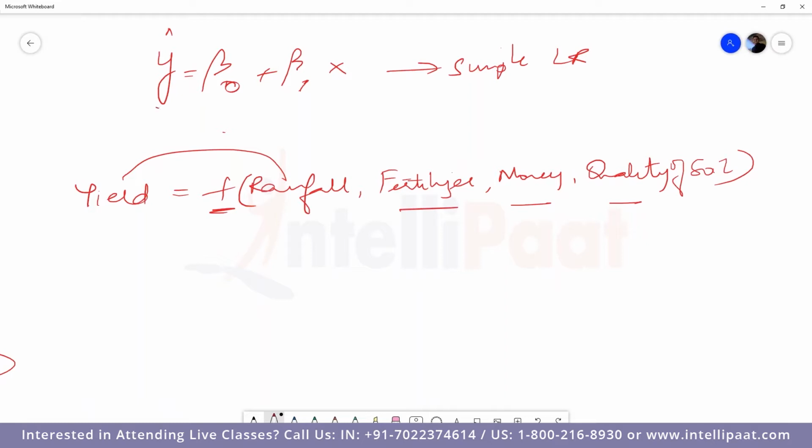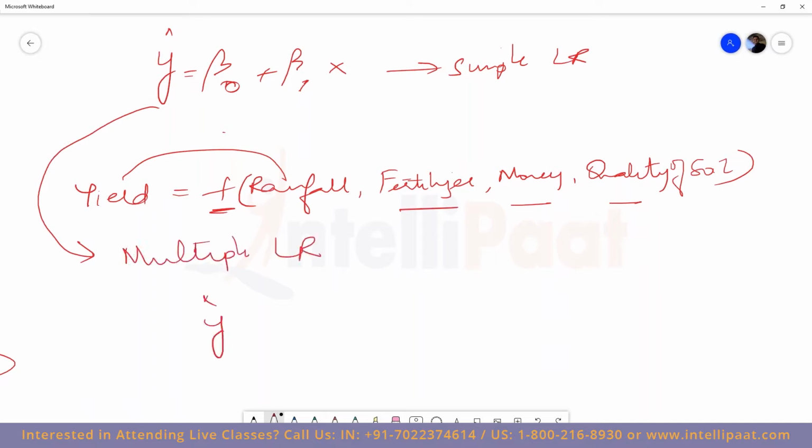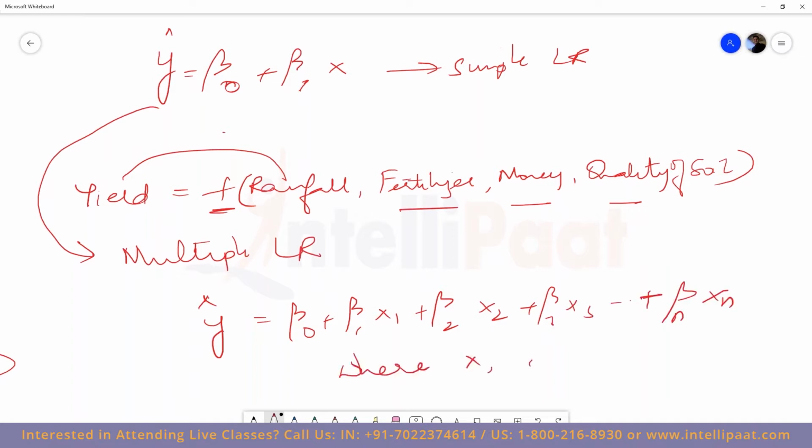So in that case, we move away from a simple linear regression. We do something called multiple linear regression. In multiple linear regression, your predicted value is going to be beta naught plus beta 1 times x1 plus beta 2 times x2 plus beta 3 times x3 and so on, up to beta n times xn, where x1, x2, x3, and so on are nothing but your predictor variables.